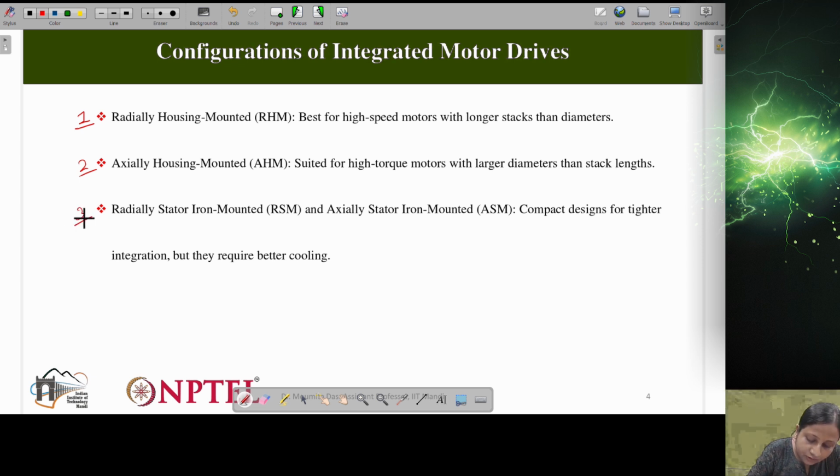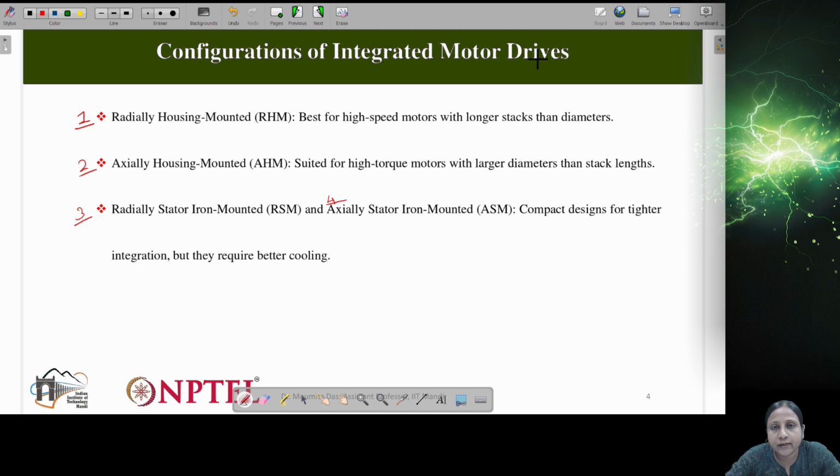Third one is radially stator iron mounted, and the fourth one is axially stator iron mounted. This is suitable for compact designs for tighter integration, but they require better cooling medium. So these are the four different types of configurations used for integrated motor drives.